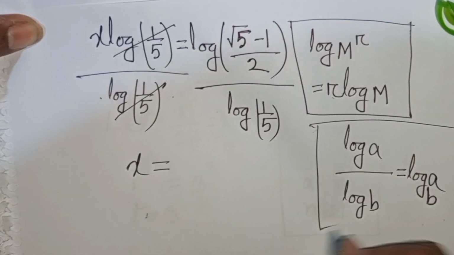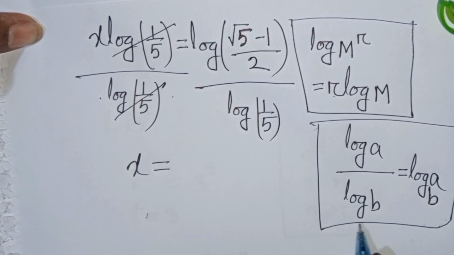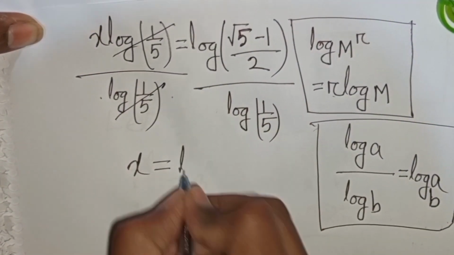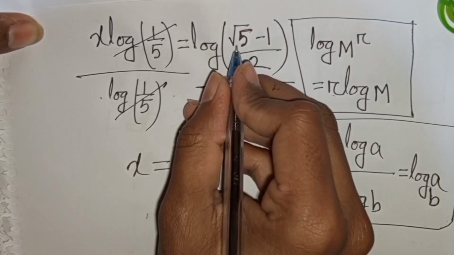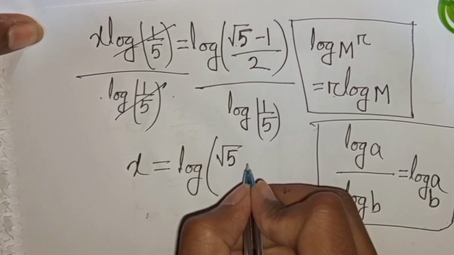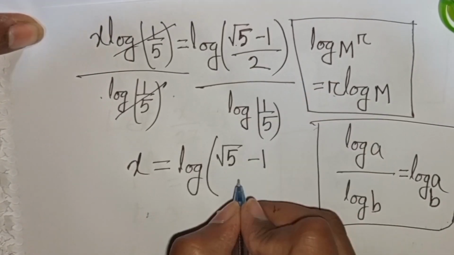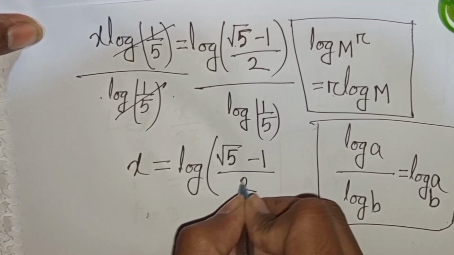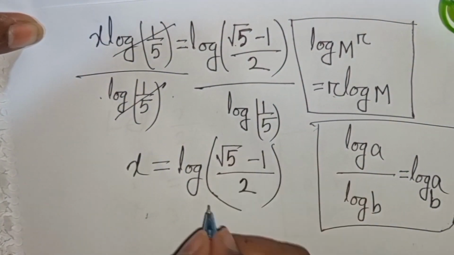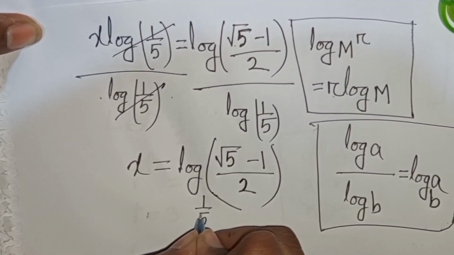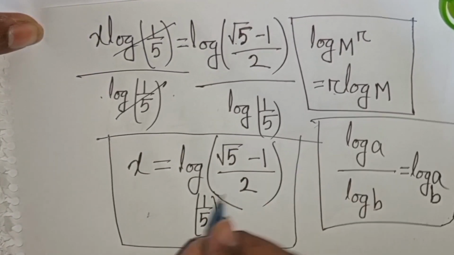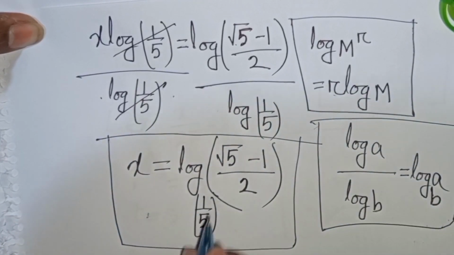So according to this formula, this divided by this means it will be log of (square root of 5 minus 1) over 2, base 1/5. So this is the value of x. So this is our final answer.